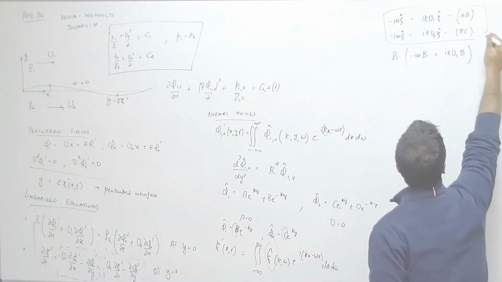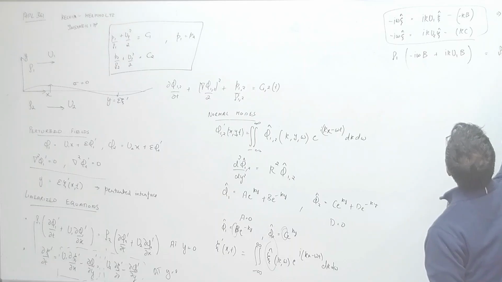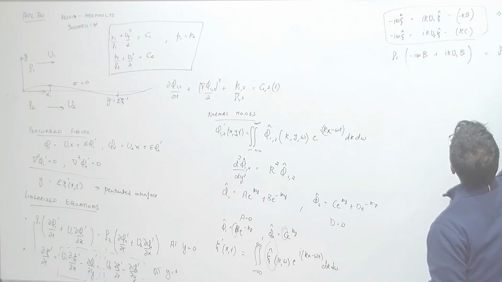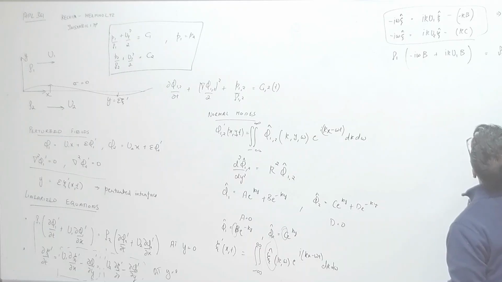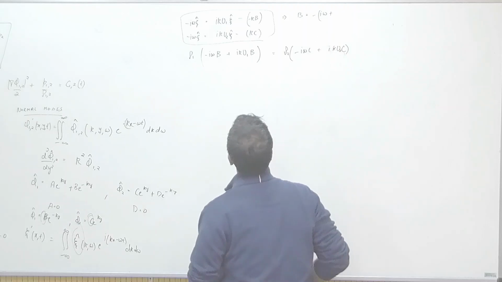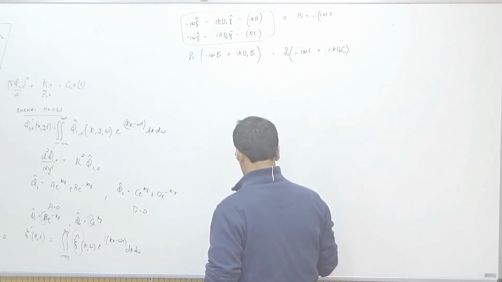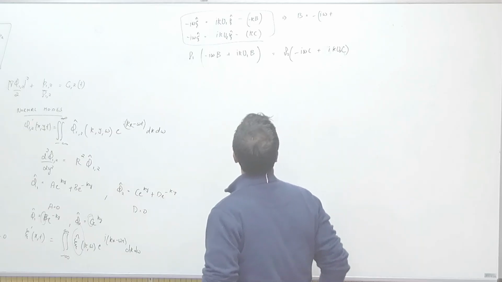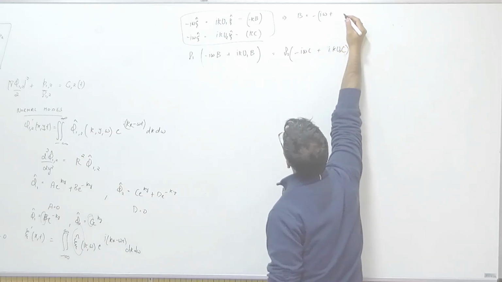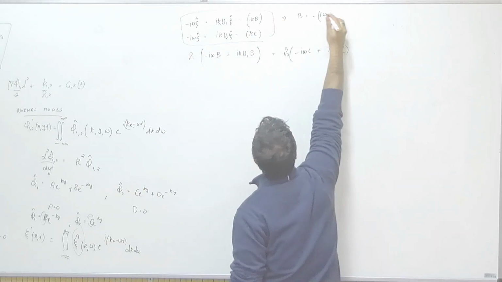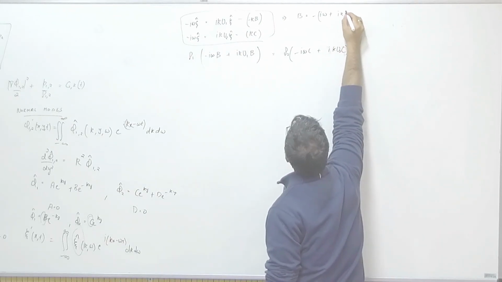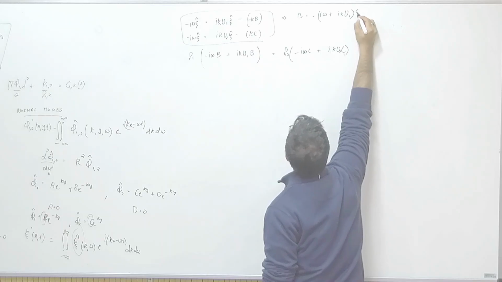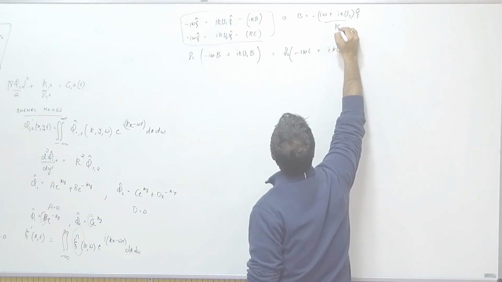Okay, so from here you get that B is minus of I omega plus I k u1 C hat over k.